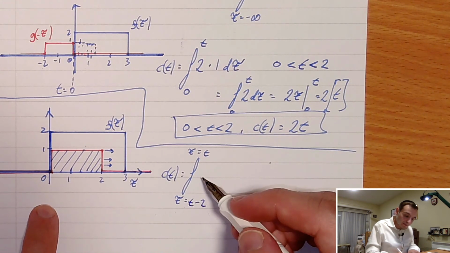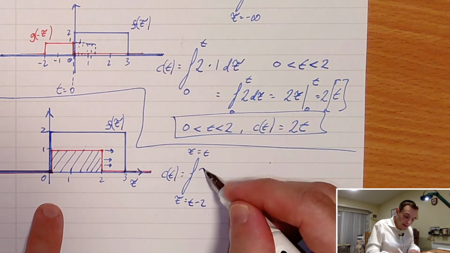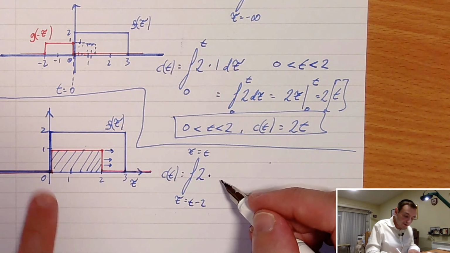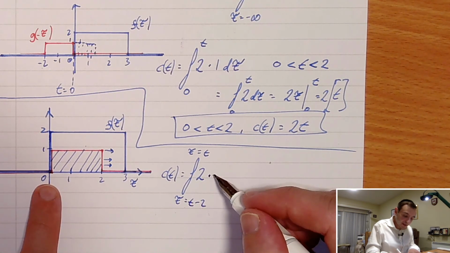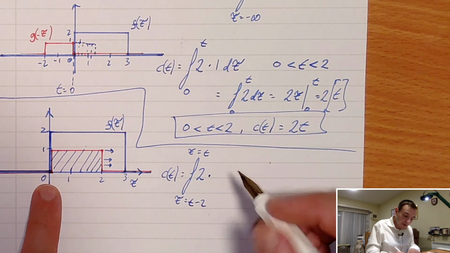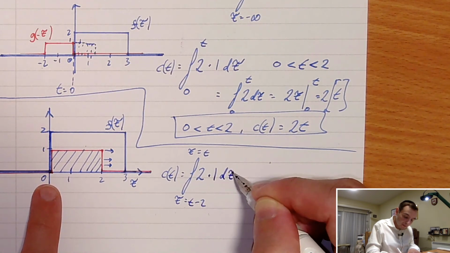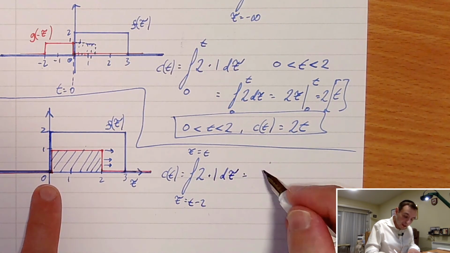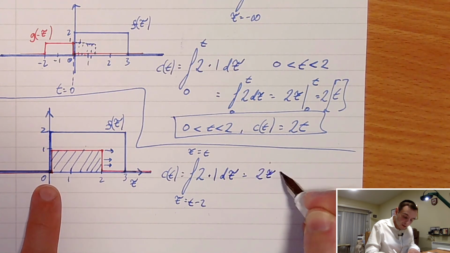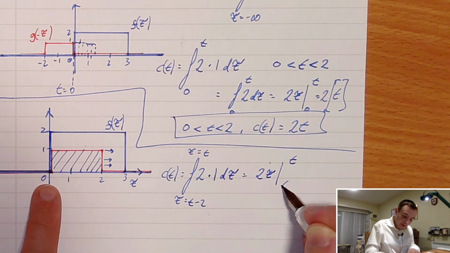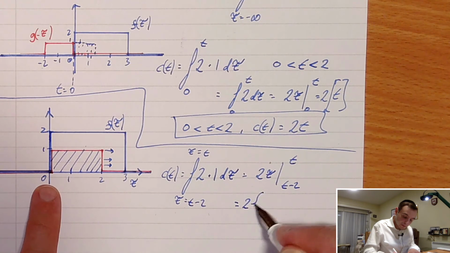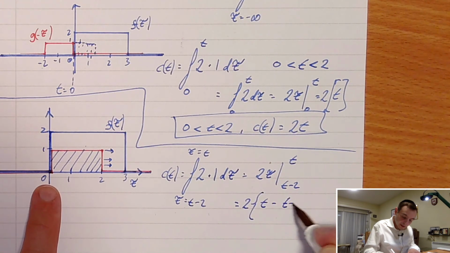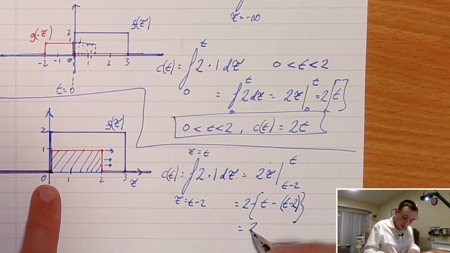And the function of tau is going to remain constant at 2, and g of minus tau is also going to remain at 1, d tau, which is going to be 2 tau evaluated between t and t minus 2, which equals 2t minus 2 times t minus 2.